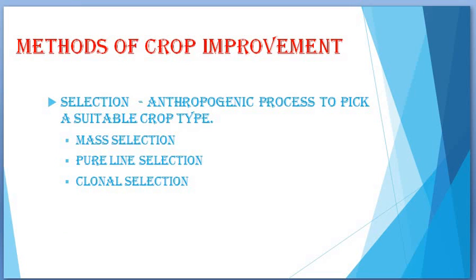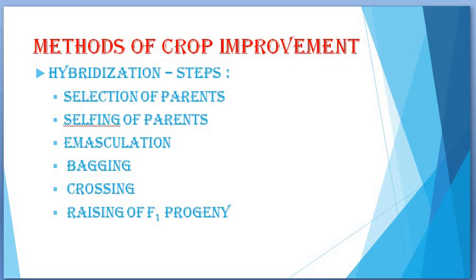And the next important thing is hybridization. That is the second step, the very important step in crop improvement. Hybridization is the one by which the real crop improvement is done. In hybridization, there are so many steps. We need to learn almost all the steps. The first step is selection of parents, right?